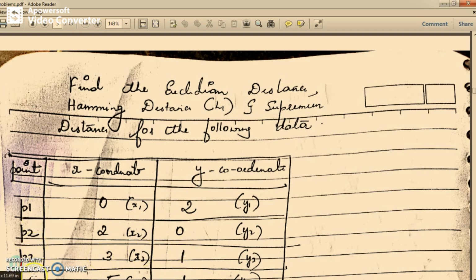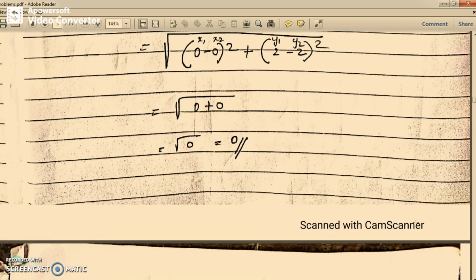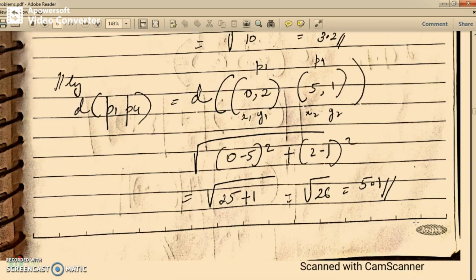Same thing you have to continue for P1 and P4 as well, where P1 is 0, 2, P4 is 5, 1. So x4 minus x1 the whole square plus y4 minus y1 the whole square, and then the square root of their sum should be taken, and that answer becomes the Euclidean distance. Okay, I hope it is clear. P1, P3 distance we have found, the answer is 3.2. Then P1, P4 distance also we have found, the answer is 5.1.